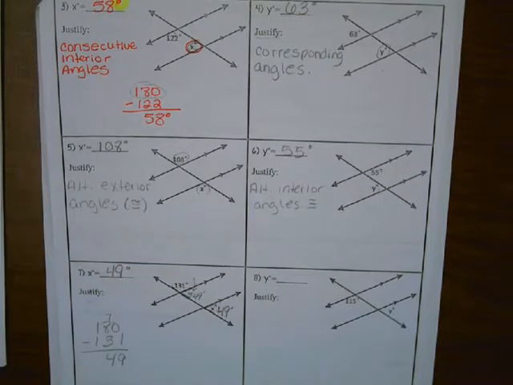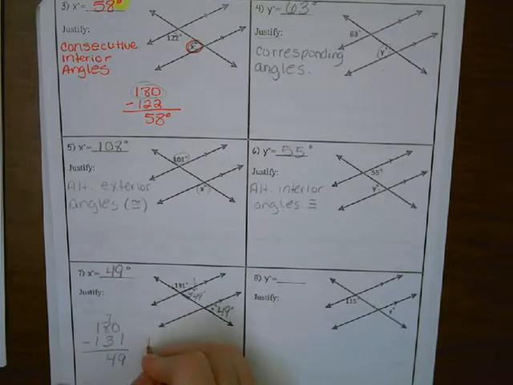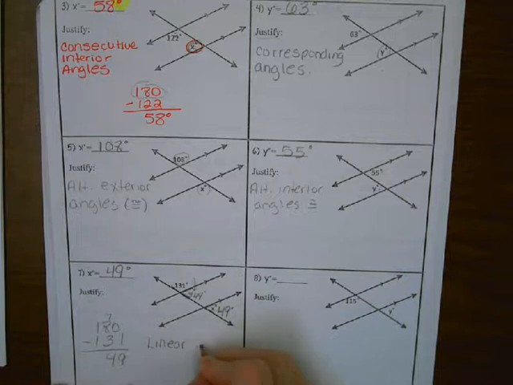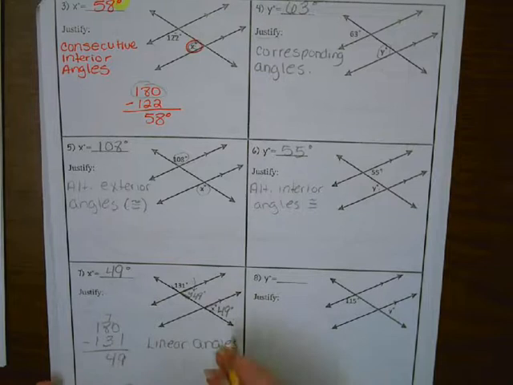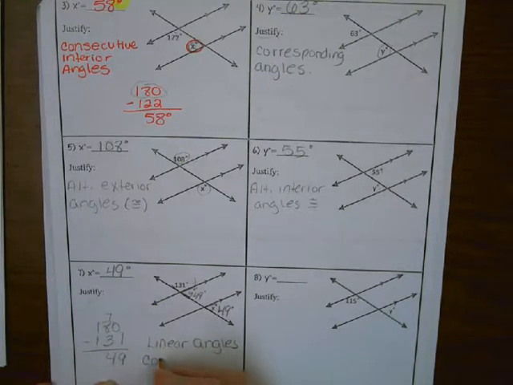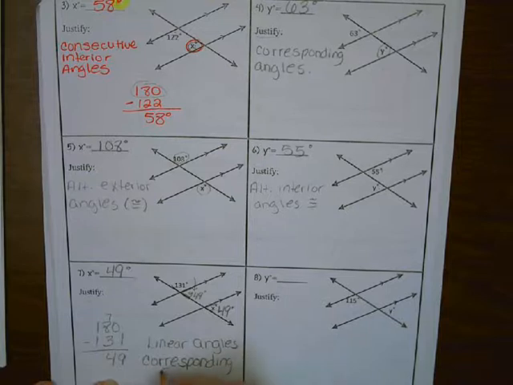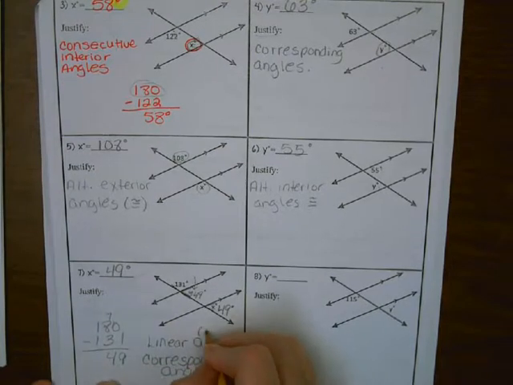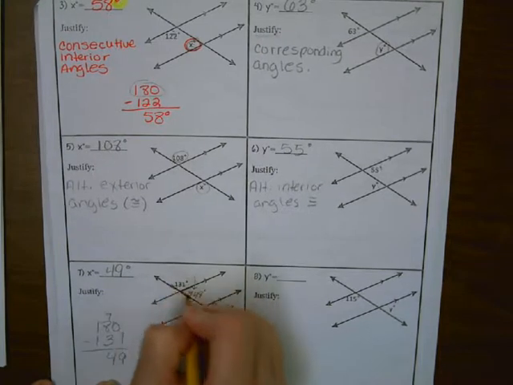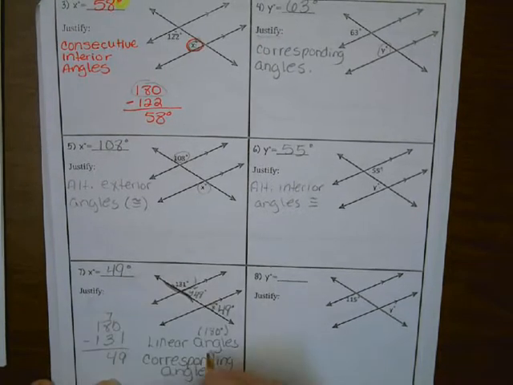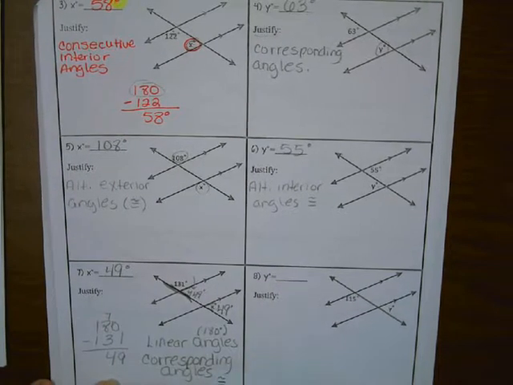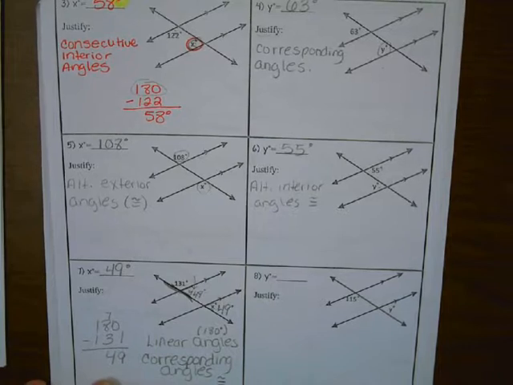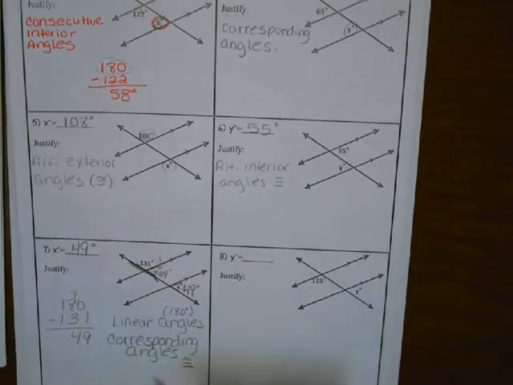So I had to do a couple of things here. I had to use linear angles to get to my corresponding angles. So I knew that linear angles were two angles that equaled 180. They lie on a line. And I know that corresponding angles are congruent. Right? That was a tough one. It was like a two-stepper.